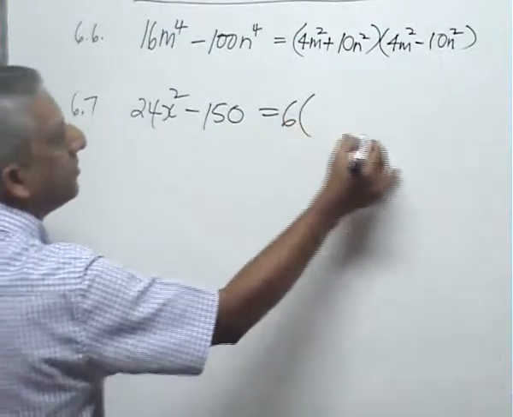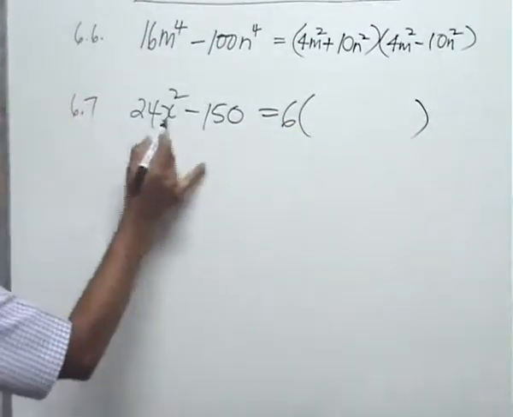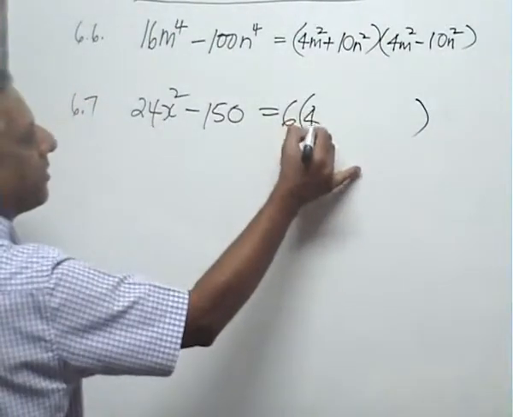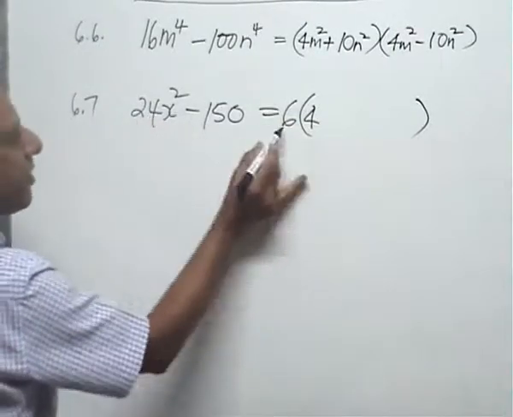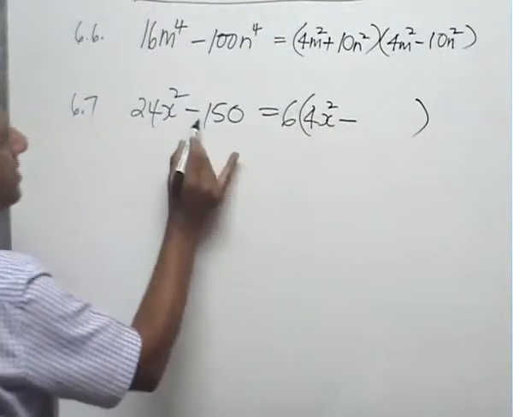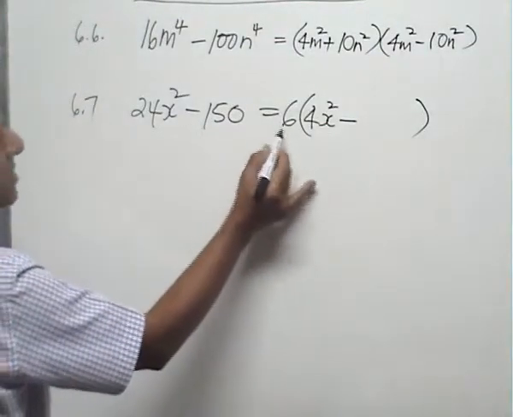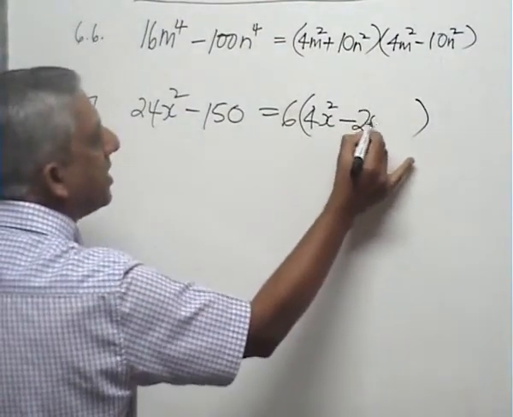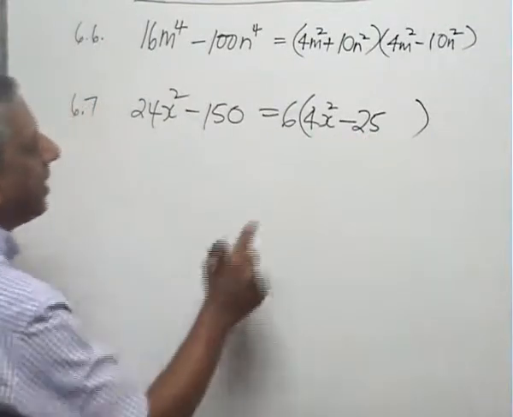So there's your 6. And 6 divided into 24x squared. Well, 24 divided by 6 is 4. So you get 4x squared. Minus 150 divided by 6 gives you minus 25.